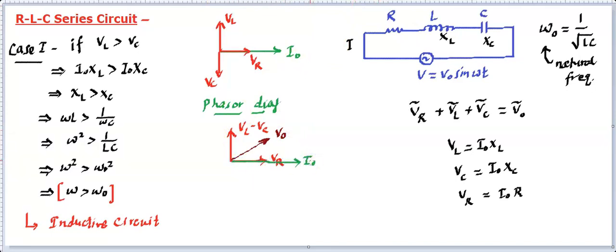Now you can see which quantity is leading in this case. You will find voltage is leading, or if we talk about the current, it is lagging behind. And we know in an inductor current lags behind. And this angle is phi, which we can find out. Since it is inductive, it is clear that I lags behind voltage.